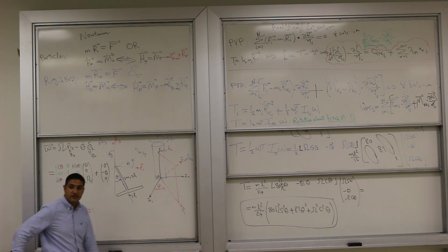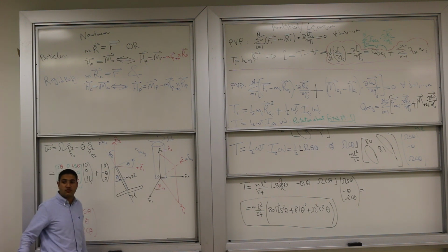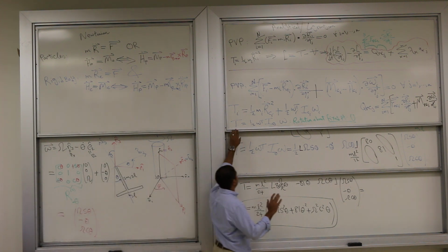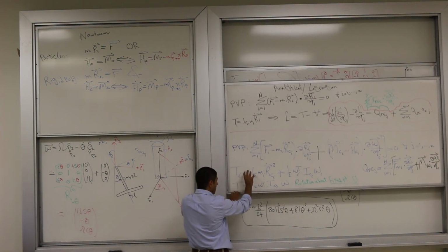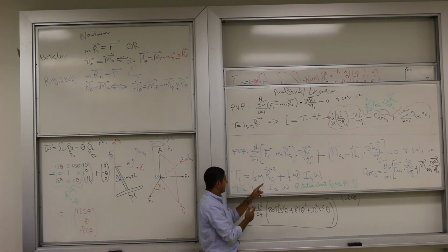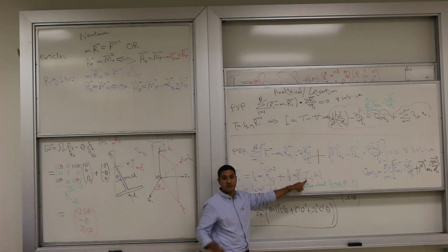Yes, go ahead. Where is the center of mass of the composite body? It's somewhere here, but I did not need to compute it because for the kinetic energy, here is the formula that will apply. In this formula, you need the velocity of the center of mass and the moment of inertia about the center of mass. That's correct. So I need to know the center of mass.